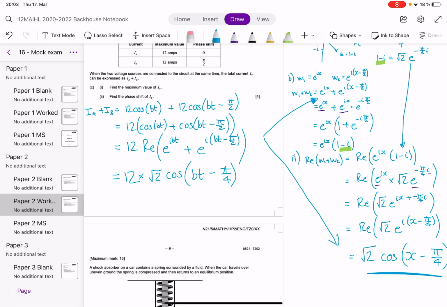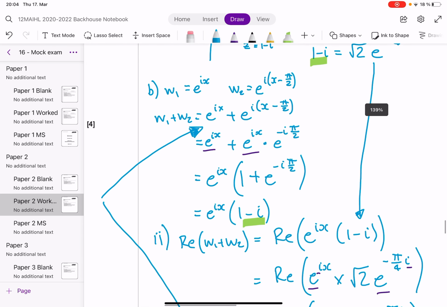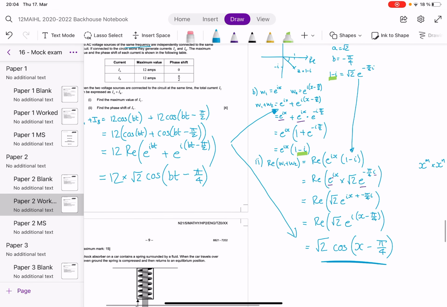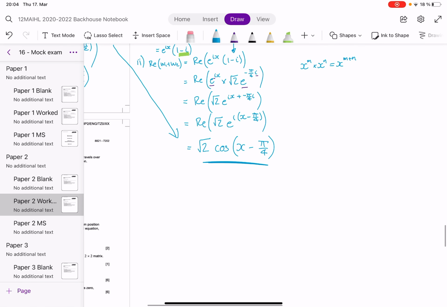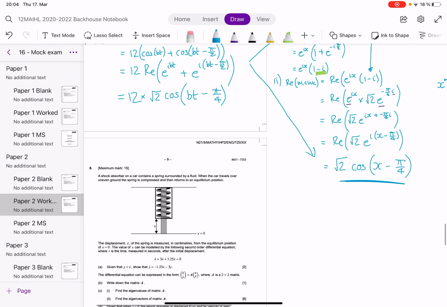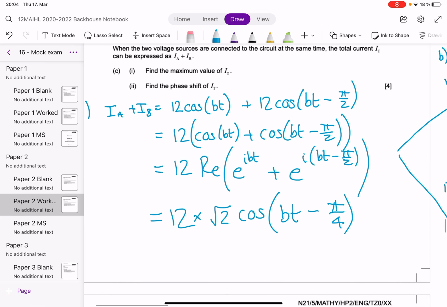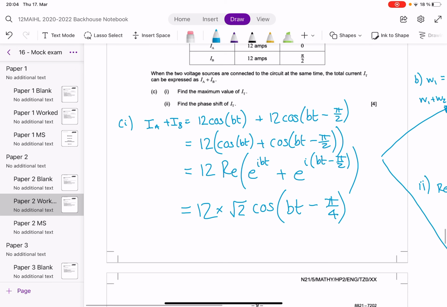So I've recognised that I was dealing with something very similar to B part 1, and so I've skipped all that work and I've taken the result from B part 2. One of the clues, as I said, was the fact that it seems like too much work for 4 marks. So what's the maximum value of the total current? Well, it's going to be this.